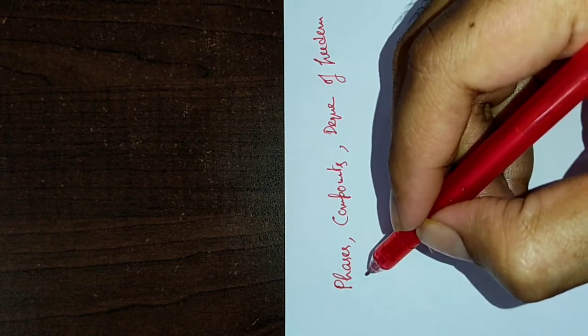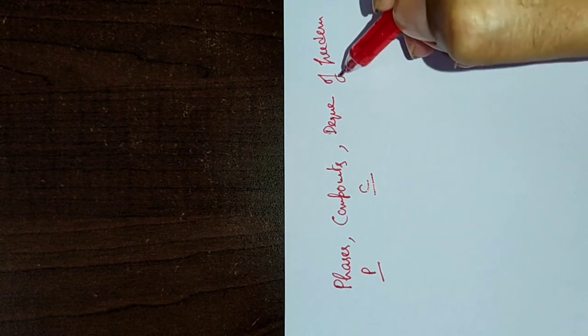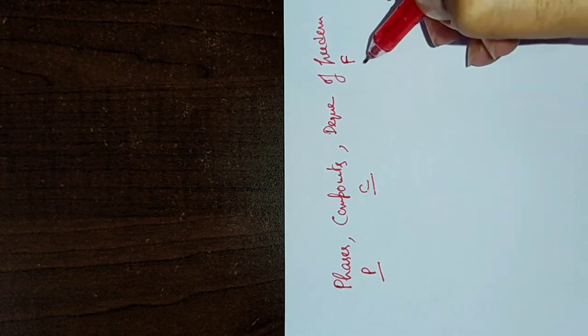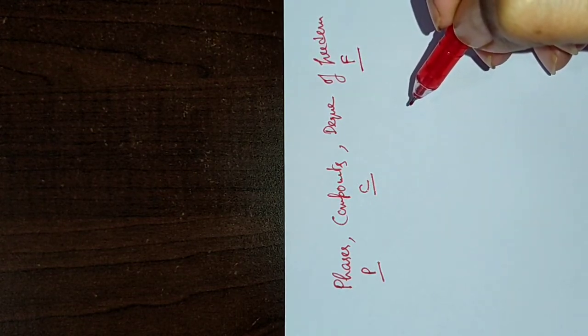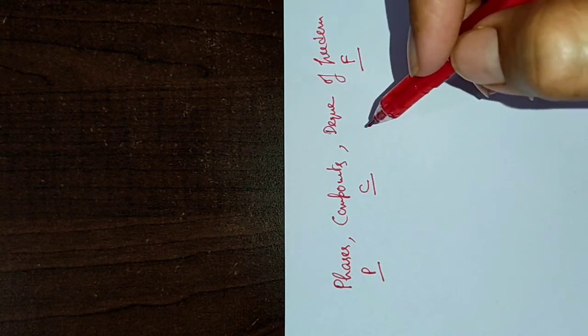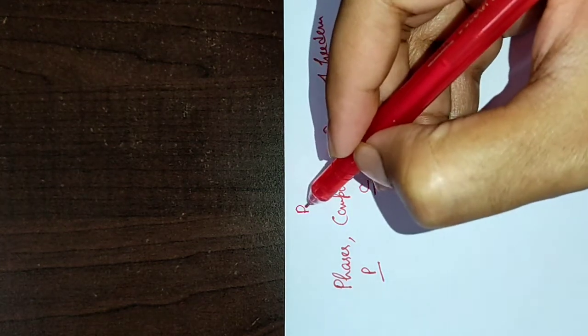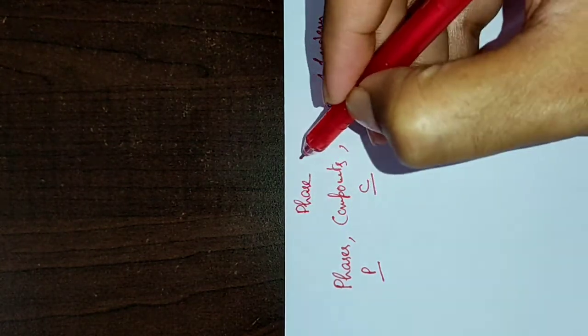These are symbolized as P, C for components, and degree of freedom by F. This relation which Gibbs deduced is popularly known as the phase rule, which is today's topic.